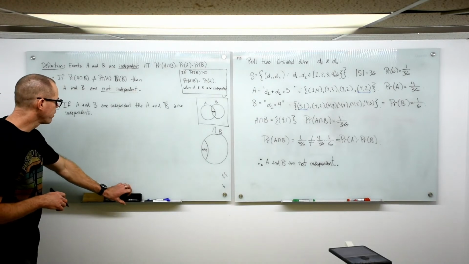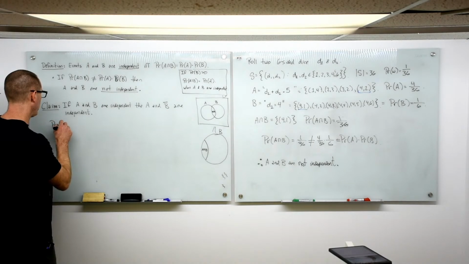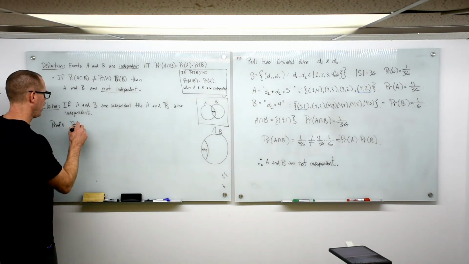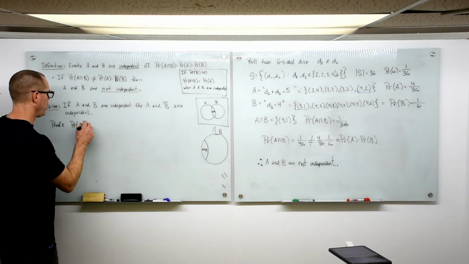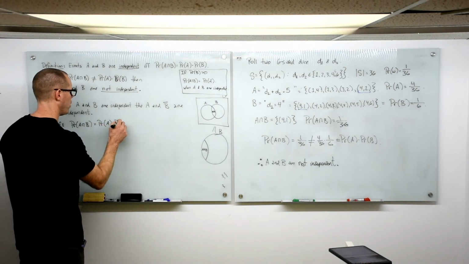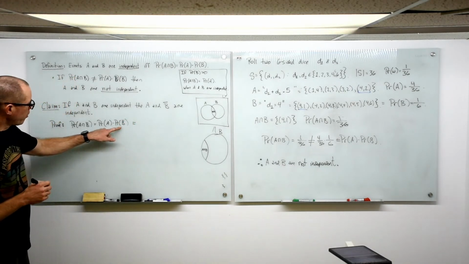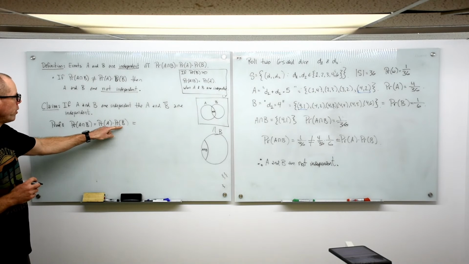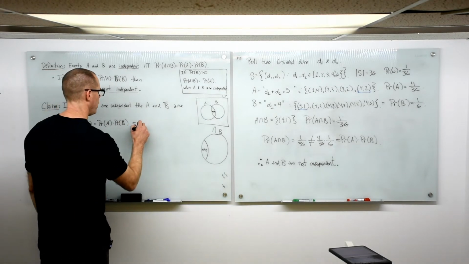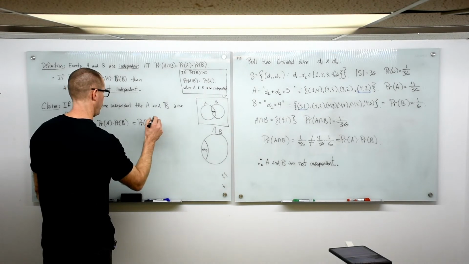If you want to prove it, you need to show that the probability of A and not B is equal to the probability of A times the probability of not B. And for the probability of not B, the complement rule tells us what that is.